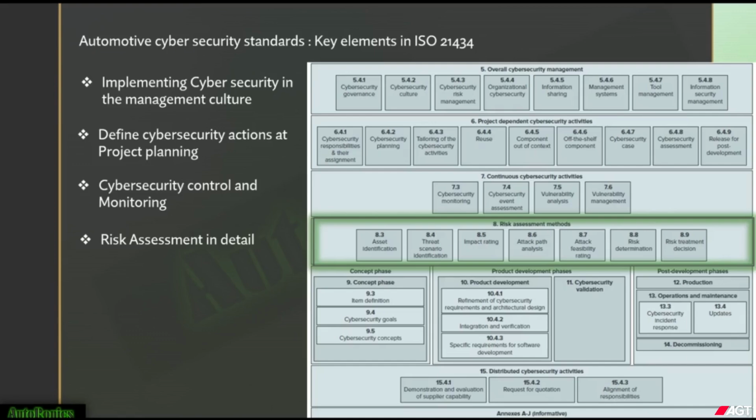So basically the impact rating can help to analyze the path of the attack, then to determine the risks and then to treat the risk in a better way. The risk treatment decision is like addressing the identified risk by selecting a suitable risk treatment option. A risk treatment option must be determined based on the impact categories, attack paths and the result from the risk determination.